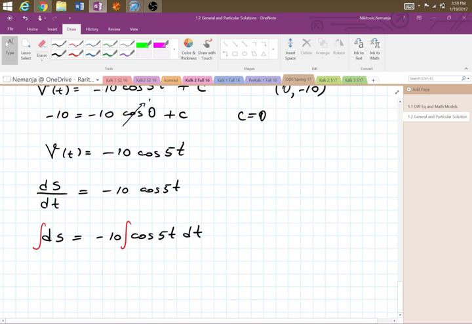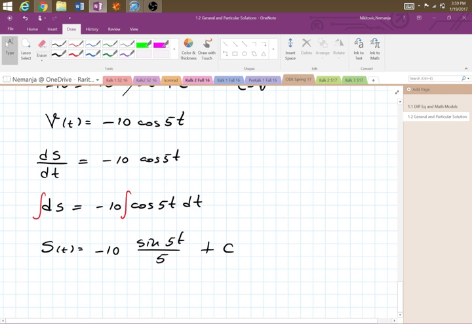Notice that I'm integrating, kicking the constant outside right off the bat. s of t is equal to negative 10 integral of cosine is, very good, again divided by 5, plus c. These cancel, and we have s of t to be negative 2 sine 5t plus c.